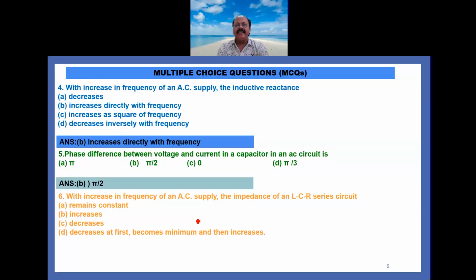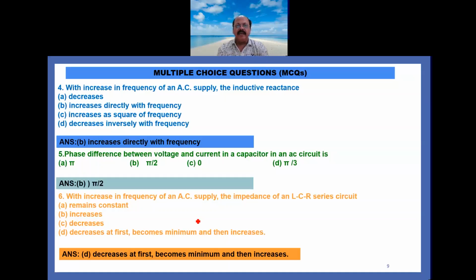And XL and XC depend on the frequency of AC. That is XL directly proportional to the frequency, XC inversely proportional to the frequency. Therefore, you apply this concept and choose the correct MCQ. So, answer D should be correct. That impedance first decreases, becomes minimum, and after that increases.